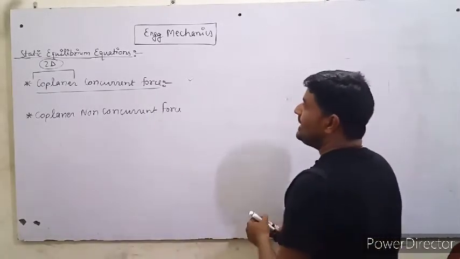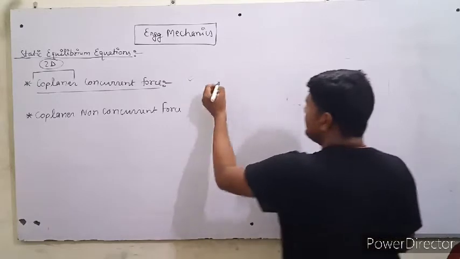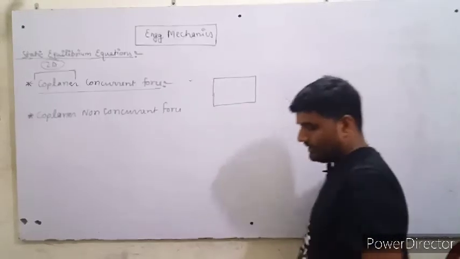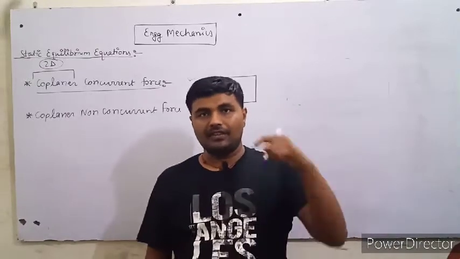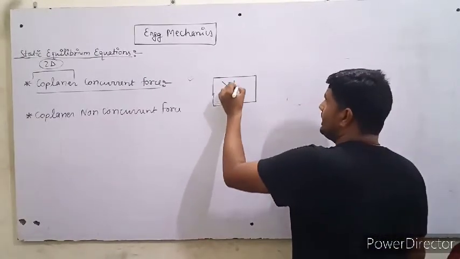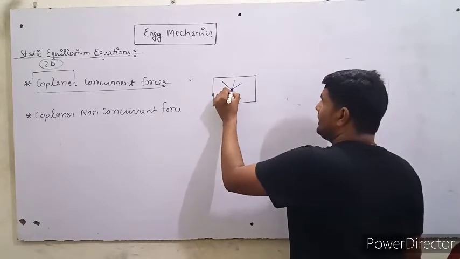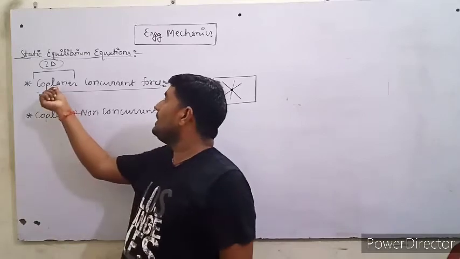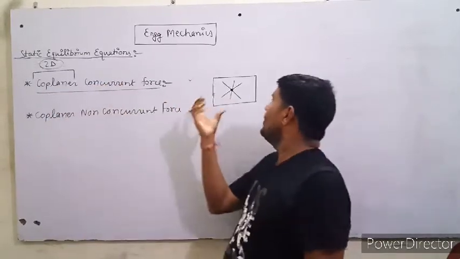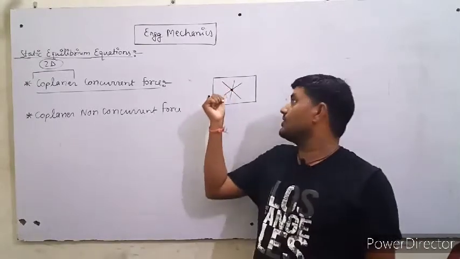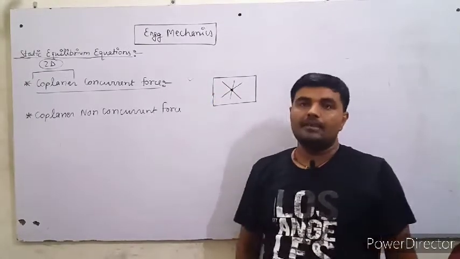In case of coplanar concurrent forces, coplanar means force will act in a single plane, means one common plane, and the line of action of all forces will pass through a common point. I am again repeating, in case of coplanar concurrent force system means force will act in a single plane and line of action of each force will pass through a common point.